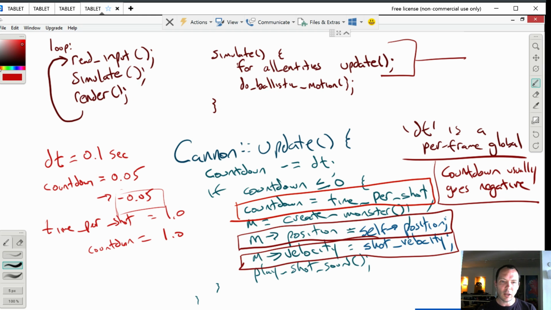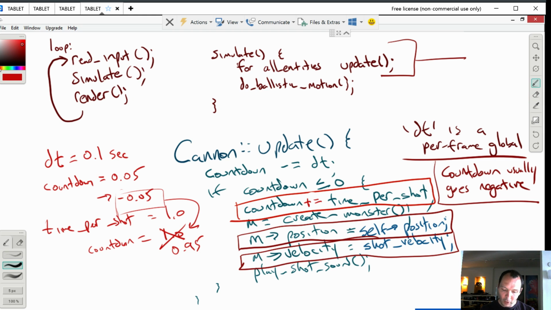But what happened to this minus 0.05, right? We reset the timer to 1, but we dropped this on the floor, right? This time actually passed. So we actually want to add it to here, and we want to say 0.95, right? So this really, instead of equals, should say plus equals, right?